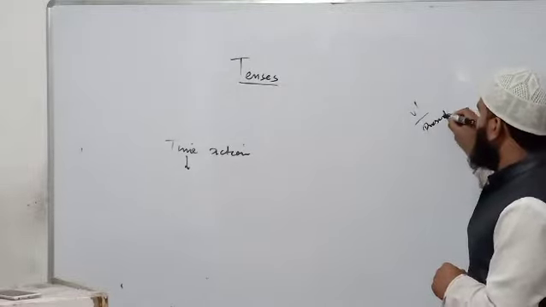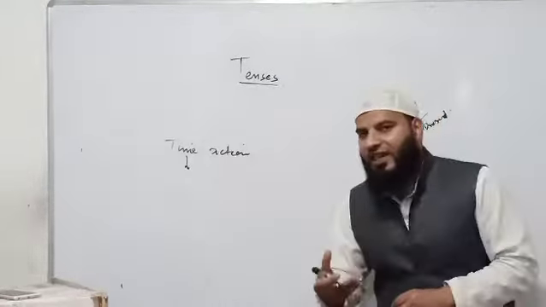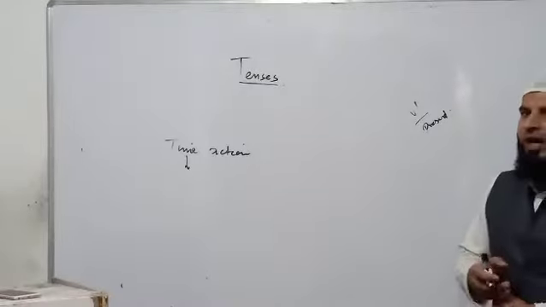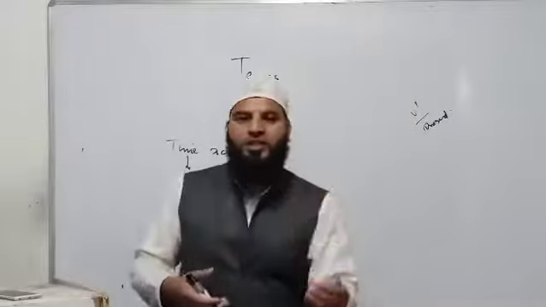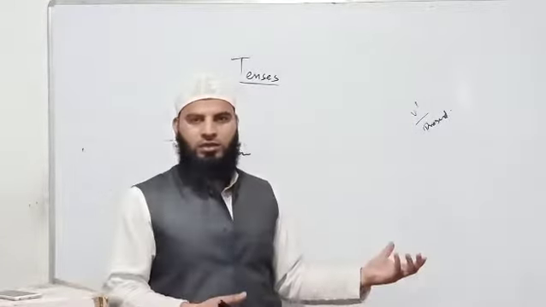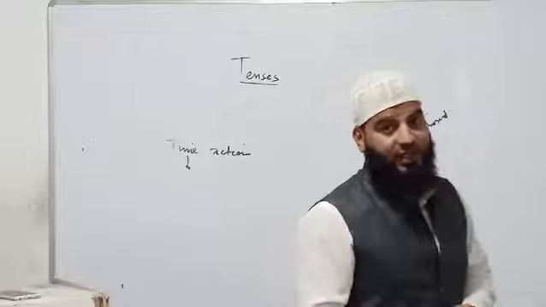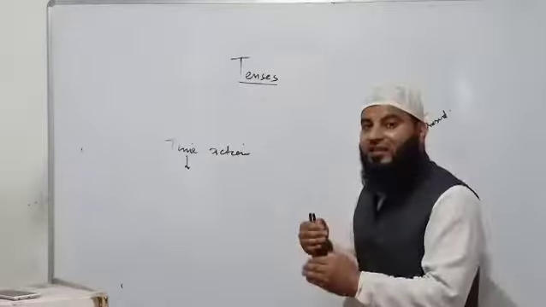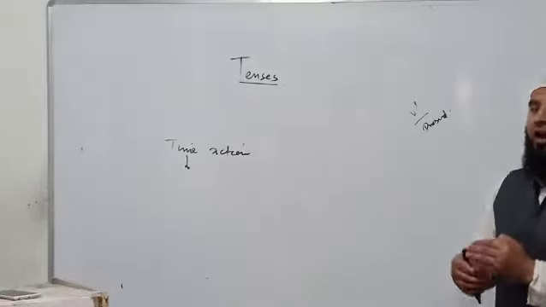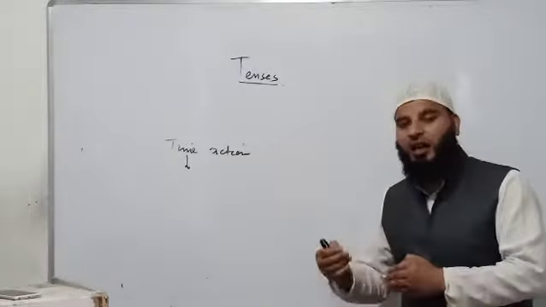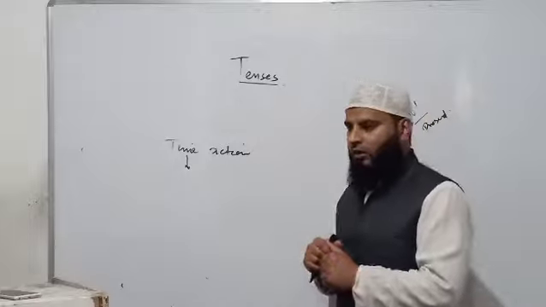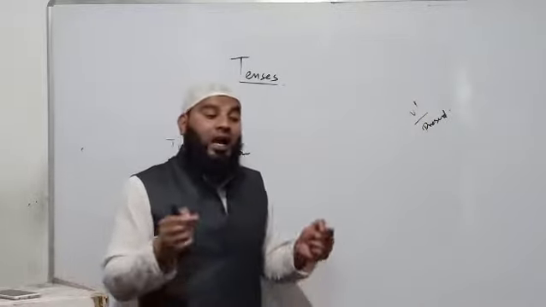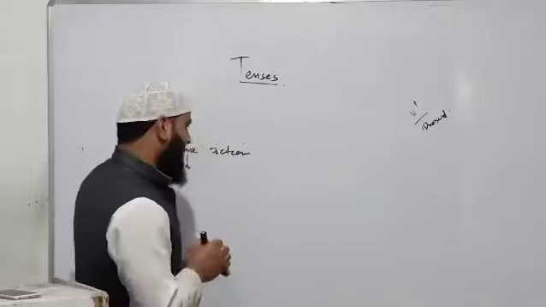If I say I took tea, it means I am talking about the action which I have performed in the past. Similarly, if I say I will take tea, it means I am just assuring, or talking about the time which is going to come. It means I have not yet taken tea, or I am not taking tea at present.